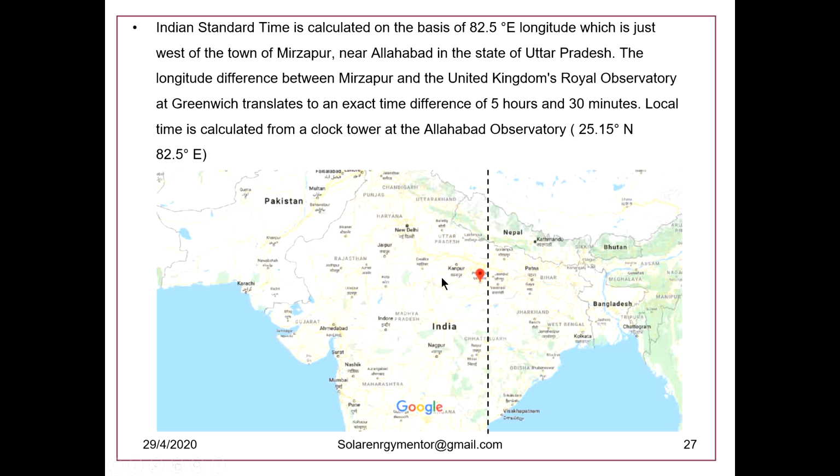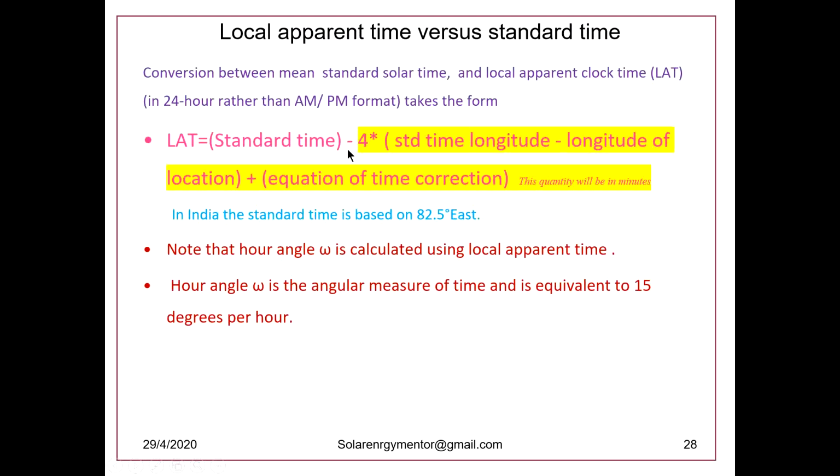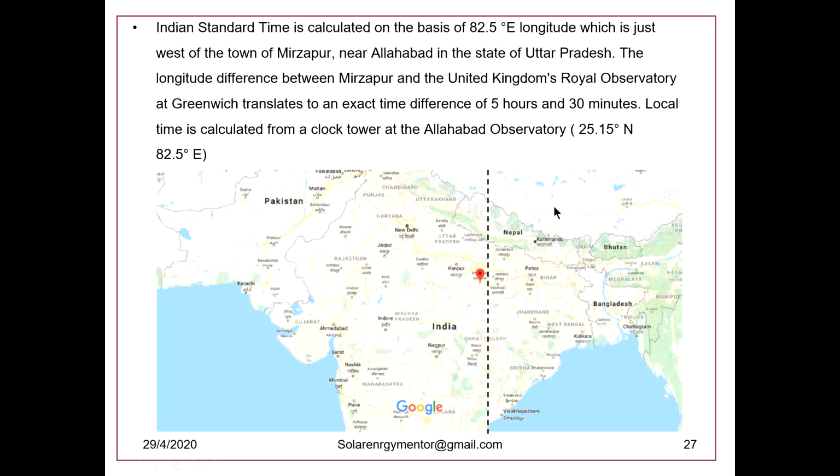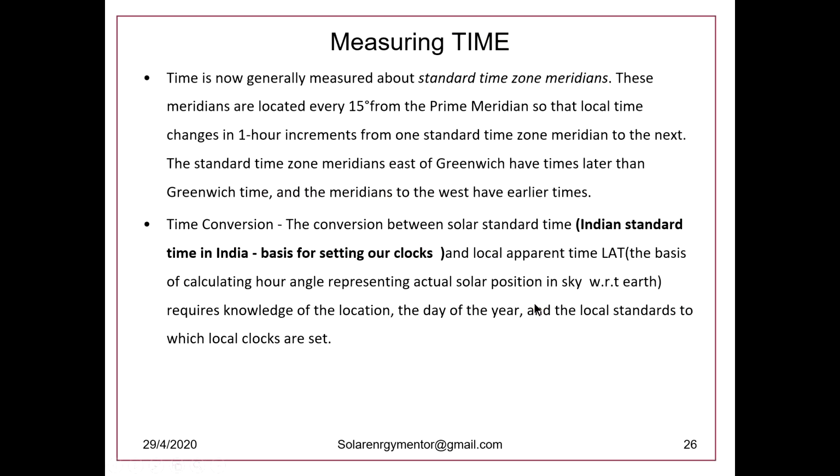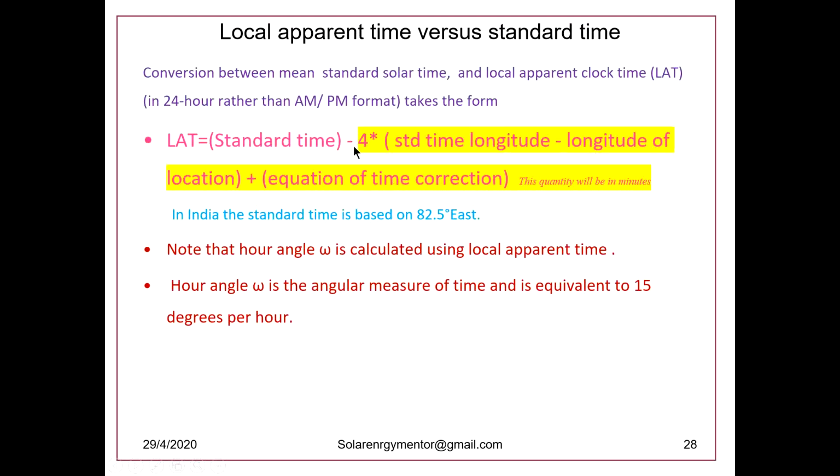When the locations under consideration, say Pune, Nashik, Mumbai, Ahmedabad, are on the west side of the standard time longitude, then this minus sign will come, because we are behind the standard time, maybe at Pune or Mumbai. But for Kolkata or Assam, this has to be taken plus, because they are ahead of the standard time longitude. So this has to be noted.